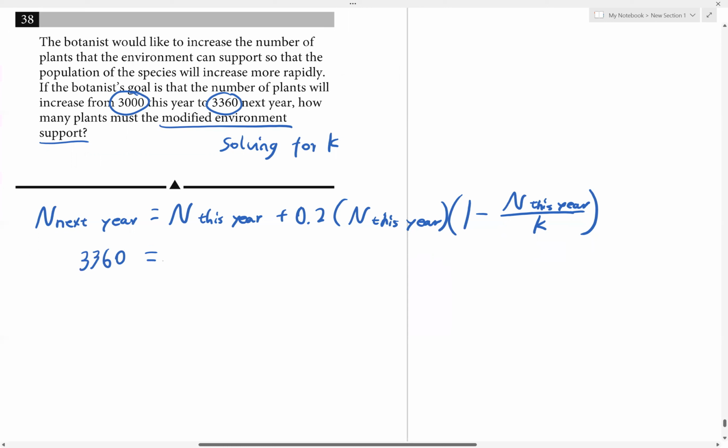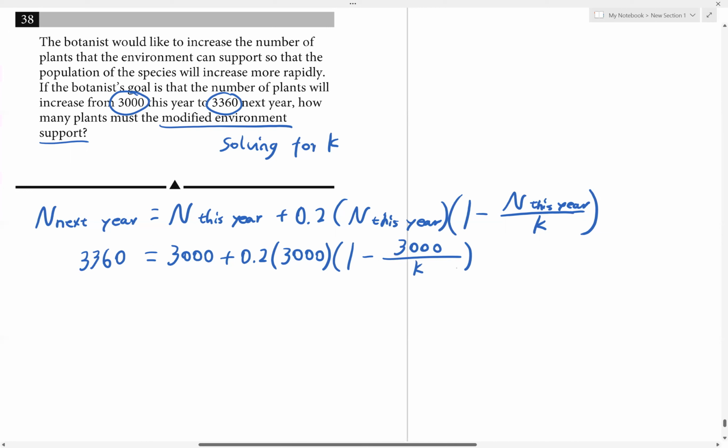Plug in N this year, which is 3,000, plus 0.2 times again N this year, 3,000, then times 1 minus 3,000 over K. Well, what's K? We don't know, that's what we're trying to solve.